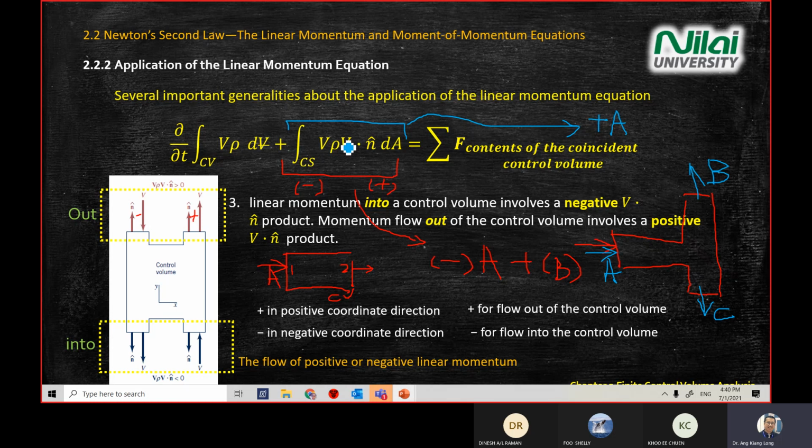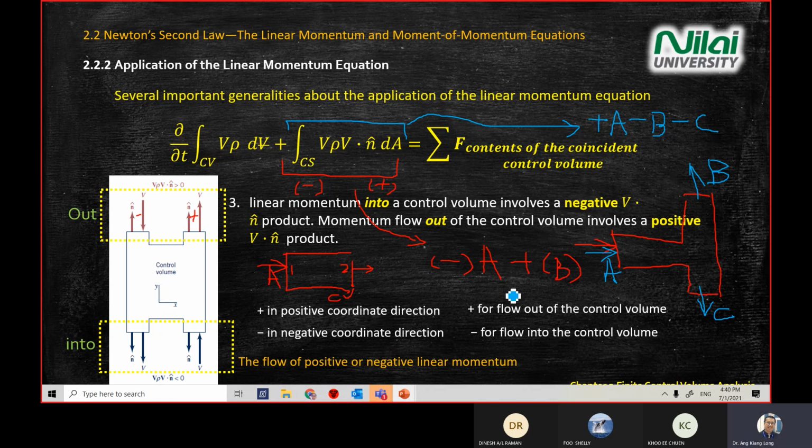You calculate rho V dot n hat dA and you get the value of A. And since B and C are outlets, make sure when you check your answer later on, the B linear momentum, or the V rho V dot n hat dA at this section, has a negative sign in front of the B. C is also an outlet, so you get a negative C value.